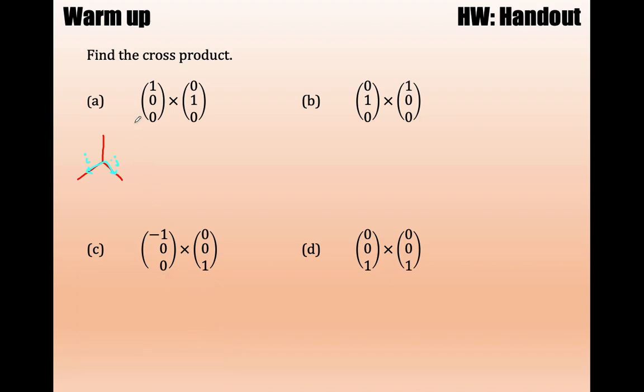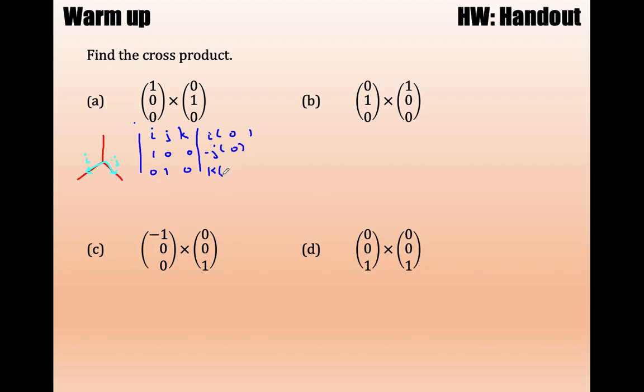So let's go ahead and set up and do the math. Remember, the cross product is that three-dimensional determinant, 3 by 3 determinant, if you will. So i is going to be 0. Negative j is also going to be 0.